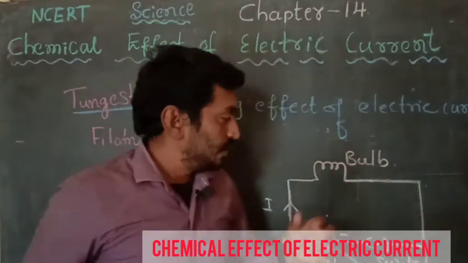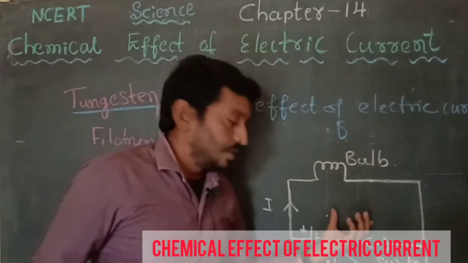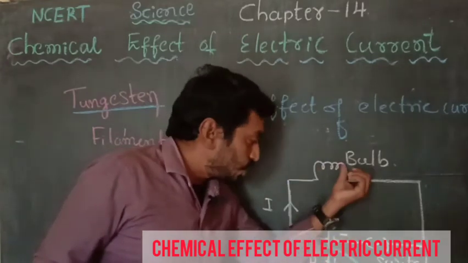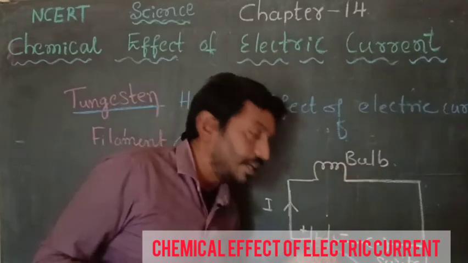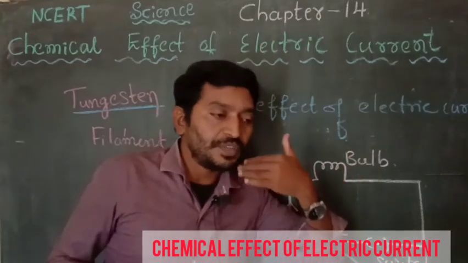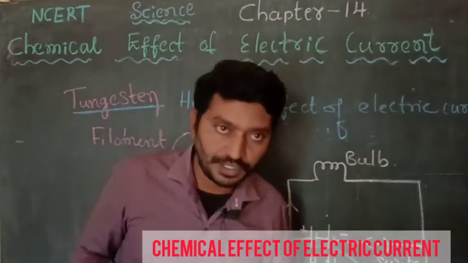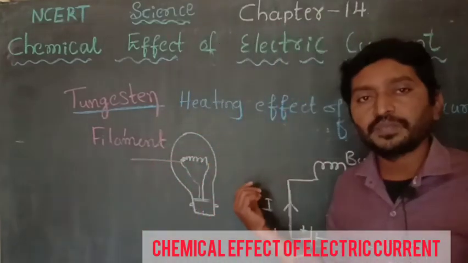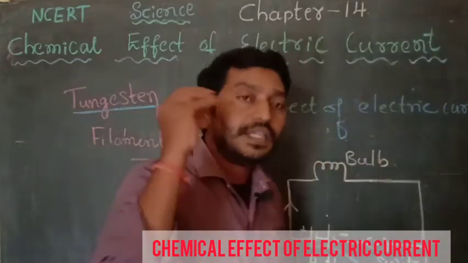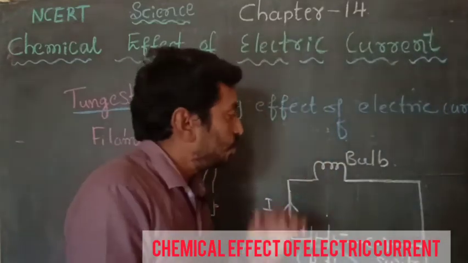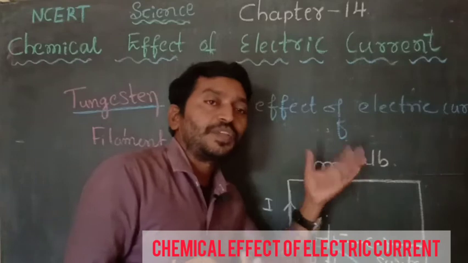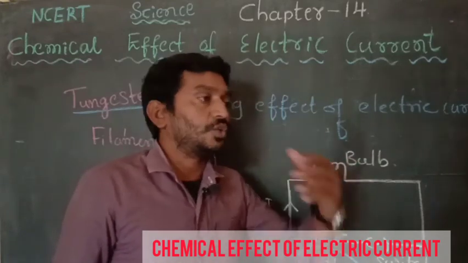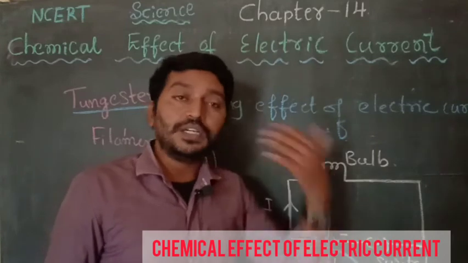Here the source means the battery or cell. The source of electricity like a battery or cell continuously expends energy. How do they expend the energy? Part of the energy is useful to work the bulb, to rotate fans, or to switch on the TV.